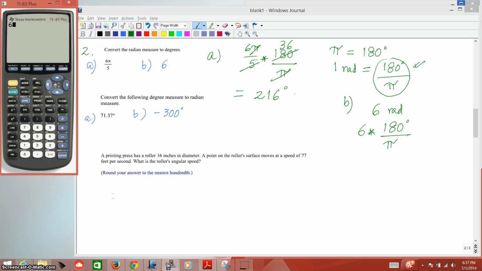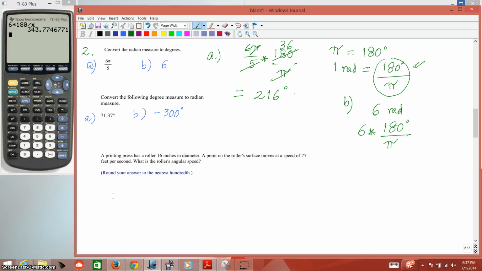I'm going to do 6 times 180 degrees divided by pi, and I take the calculator value, and it does come out to be 343.7746771 degrees.